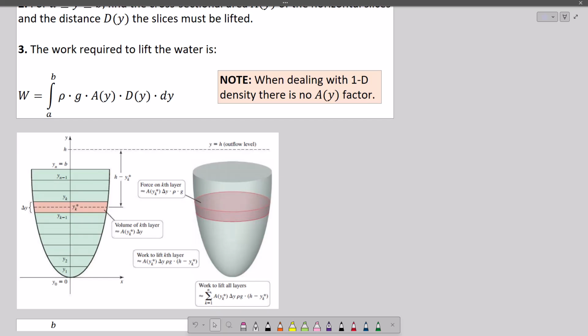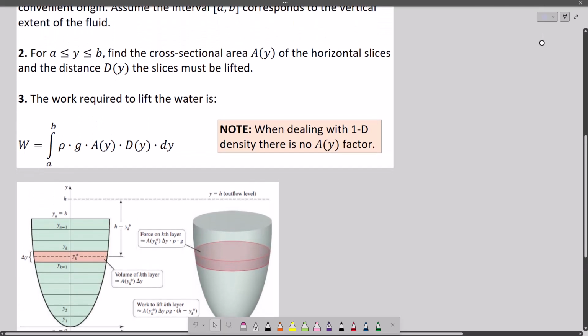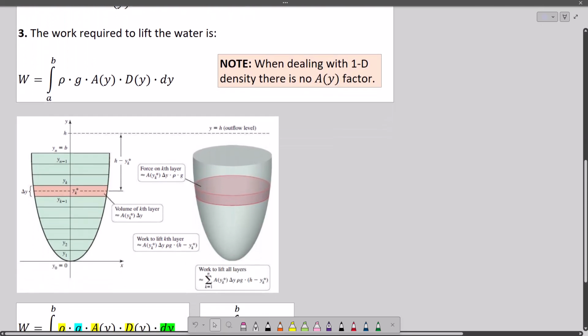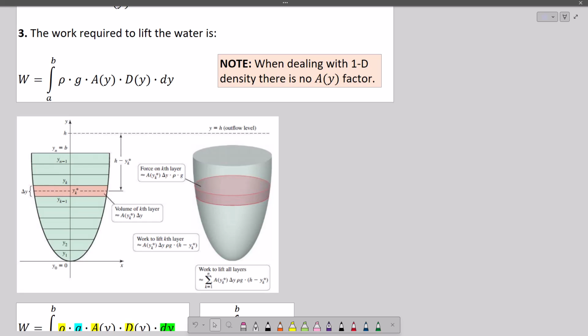Okay, so the work required to drain this water out the top, the AB is just our bottom to top. These pieces are density, gravity, cross-sectional area, distance traveled, and then our differential. So there's a whole bunch of stuff in there.